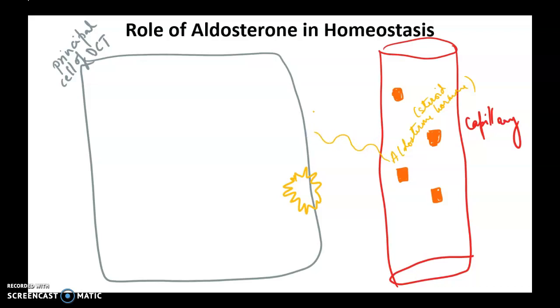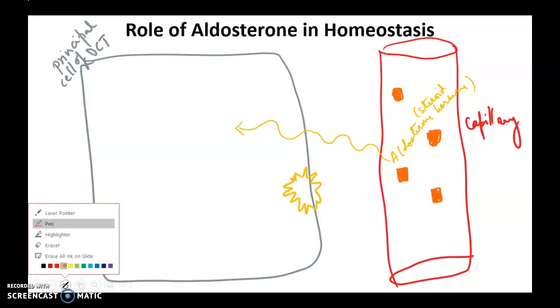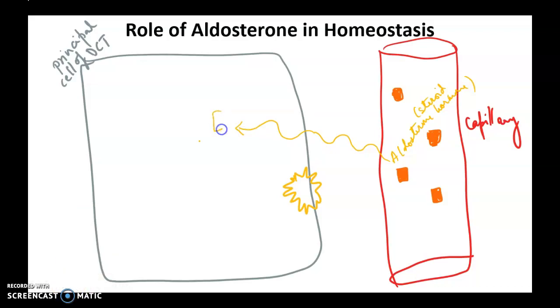It'll cross the plasma membrane of the principal cell of the distal convoluted tubule. So the gray cell is a cell of the distal convoluted tubule. Aldosterone will come all the way in and it'll bind to specific receptors for aldosterone. So it comes and binds right here.